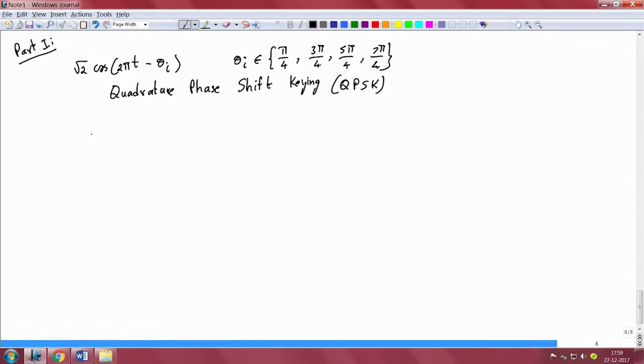So, we can actually expand this cosine term as root 2 cos 2 pi t cos theta i plus sin 2 pi t times sin theta i.